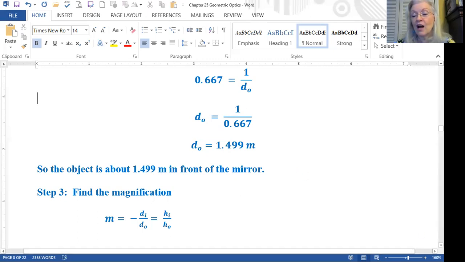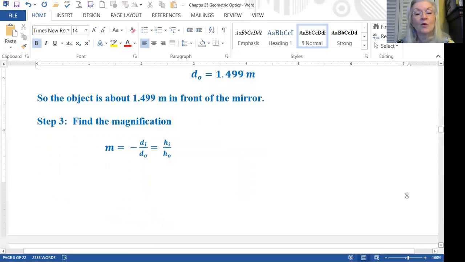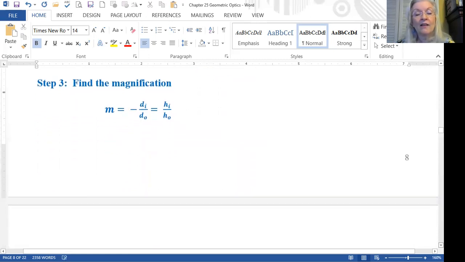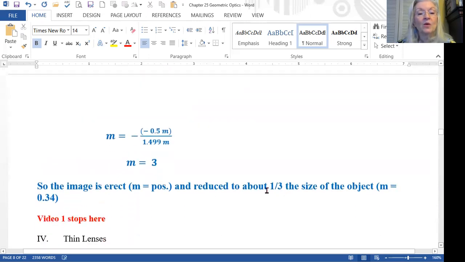To find the magnification, M is equal to minus DI over DO, which is HI over HO. We don't have any heights, we have distances. So that's what we'll use. So M is going to equal minus negative 0.5 meters divided by positive 1.4999, and you end up with 3.